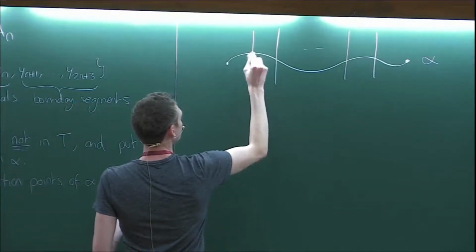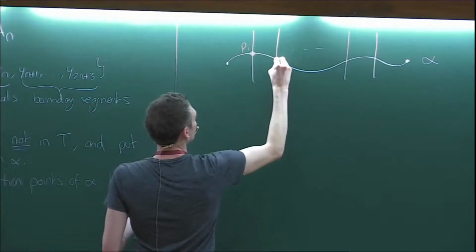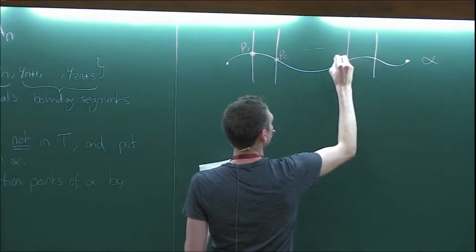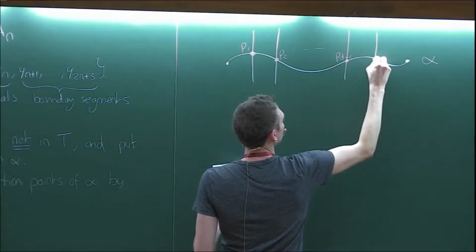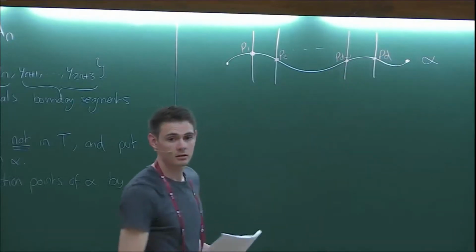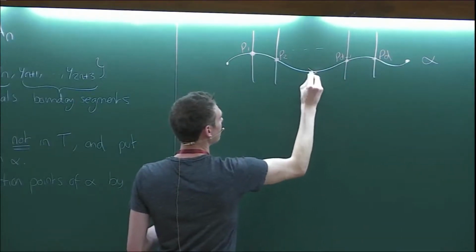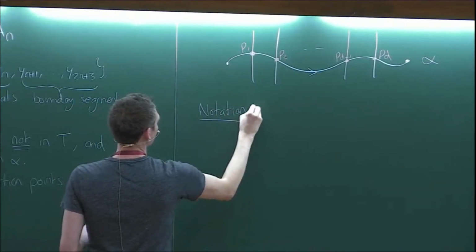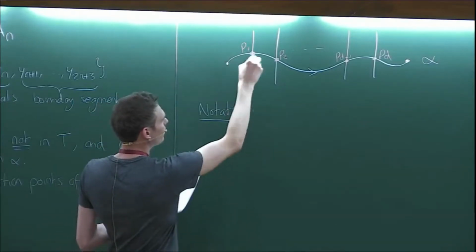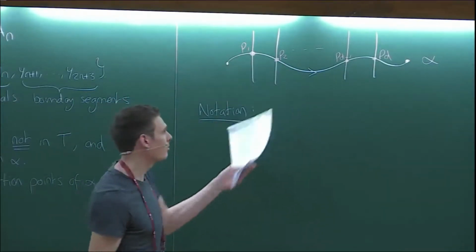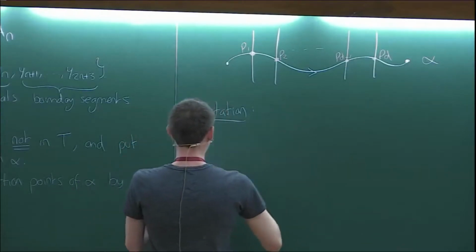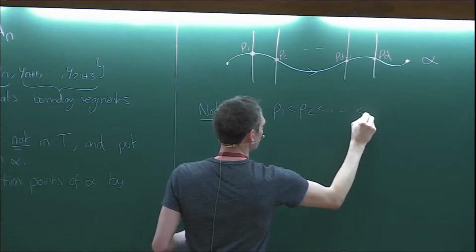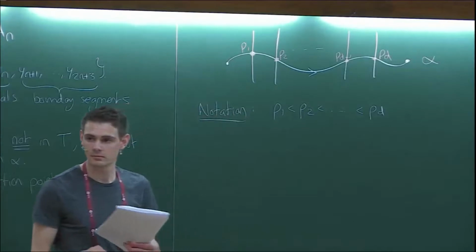And we're going to label these vertices from P1 up to PD with respect to the orientation of this arc, alpha, right? So we can put an ordering on them in terms of which one is closest to the start point of alpha. So the notation will be P1 less than P2, and so on, less than PD. Okay.